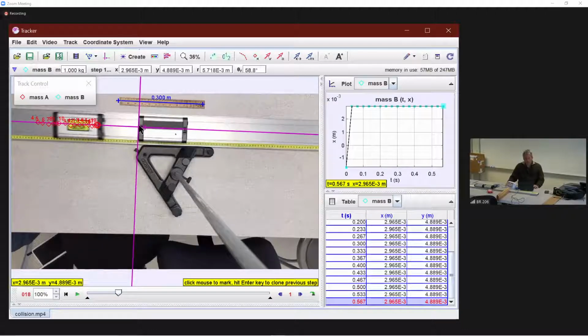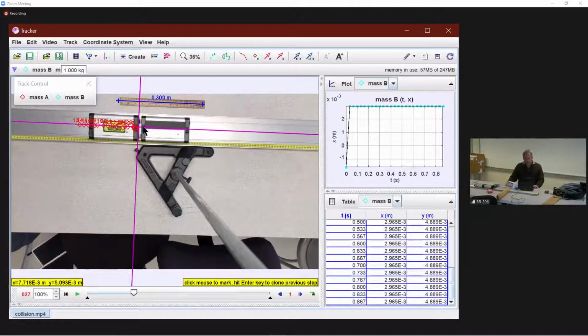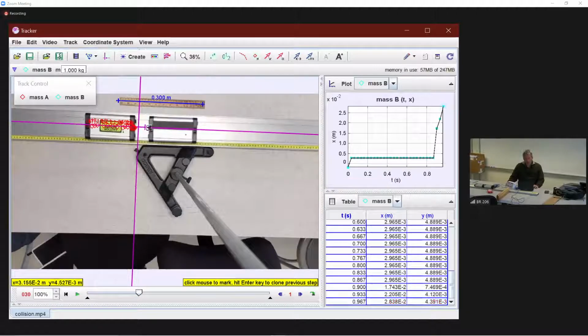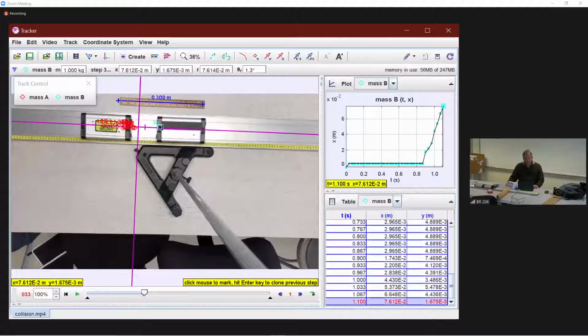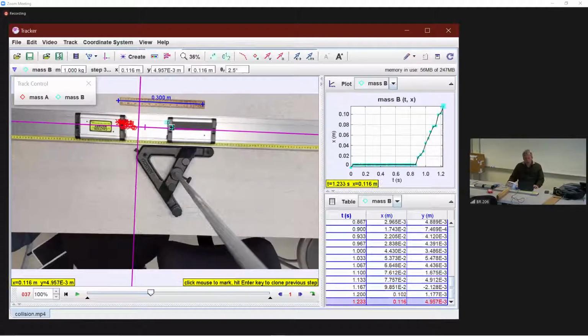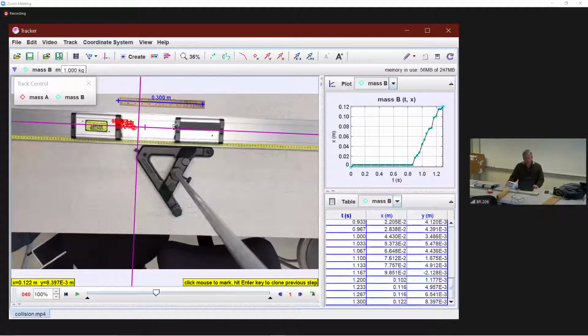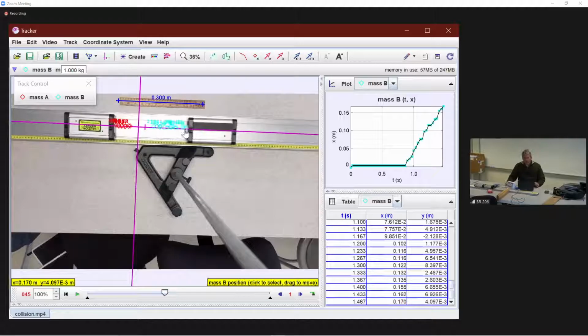And then after the collision, of course, we always want to click on the same point on each cart, because we're tracking these objects as if they are point masses. I'm doing this crudely. You're going to do a better job. But there's my graph of mass B.